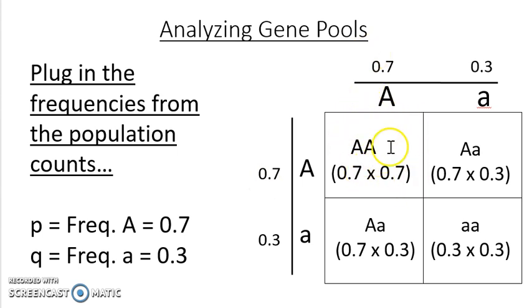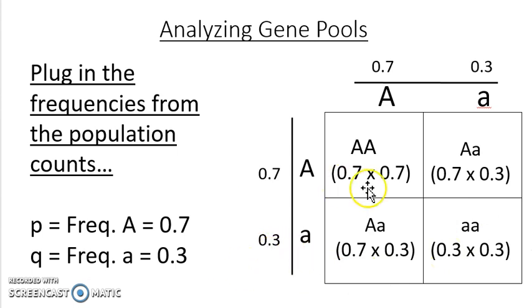So the chances of that occurring are going to be the chances of either allele being in the population. So 70% times 70% right there. And the same thing holds true for our heterozygous classes, but we have to take into account our recessive trait and then our homozygous recessive population. We have to look at the frequency of that allele in the population.